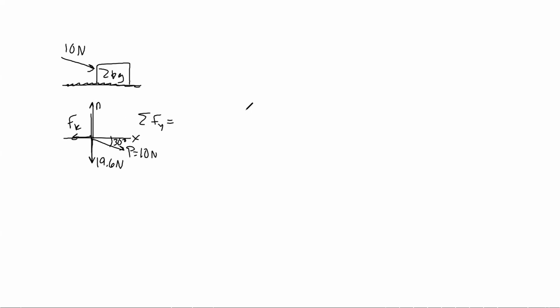Well, we have a normal force N minus mg, but also minus the push times sine of 30, equals 0. So here the normal force is actually bigger than mg. Does that make sense? Yes, it does. Thank you.